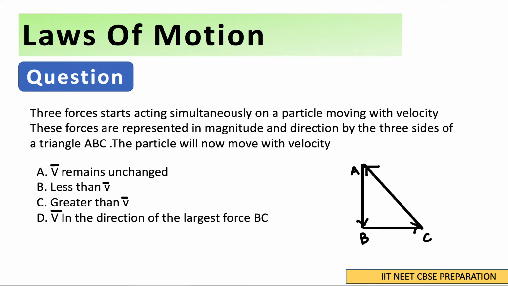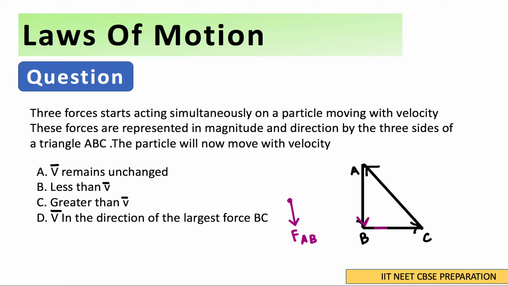So first of all, as you see, the three forces are acting on this particle, and the three forces that you can see in the triangle are the three forces acting on it. So suppose this is the particle, then this is FAB, and this force we have marked.